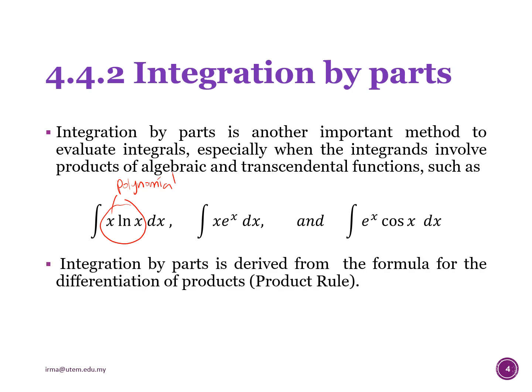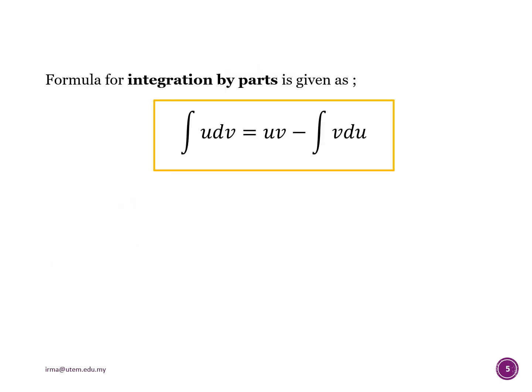Integration by parts is derived from the formula for the differentiation of products. So actually it comes from the product rule in differentiation, where the formula is uv equals integration of u dv dx plus integration of v du dx. But I'm not going to use this formula; I will use another one. Do you still remember this formula from your SPM?